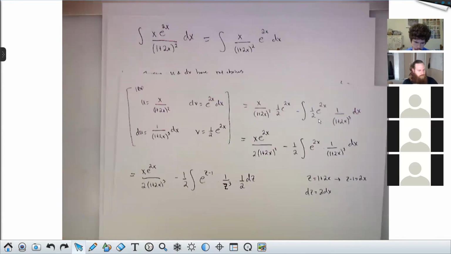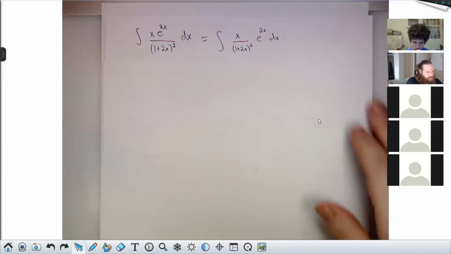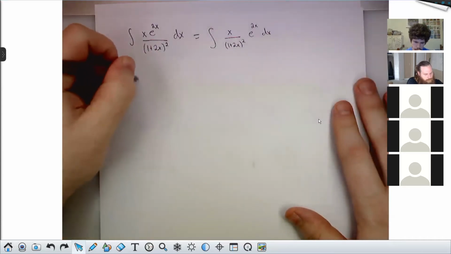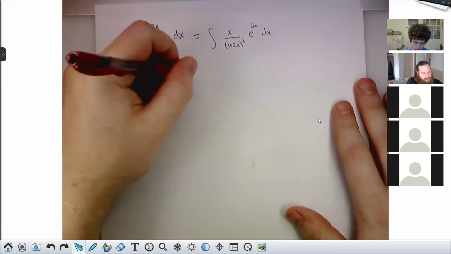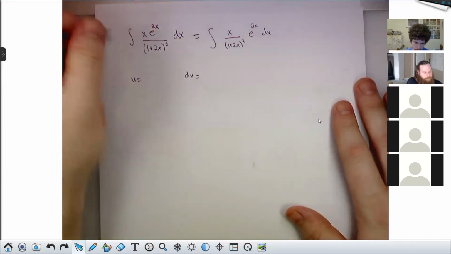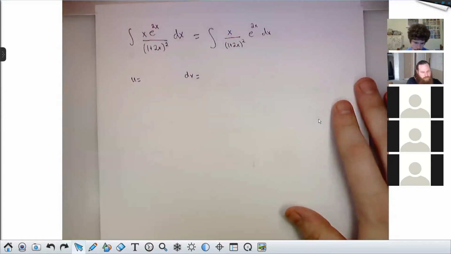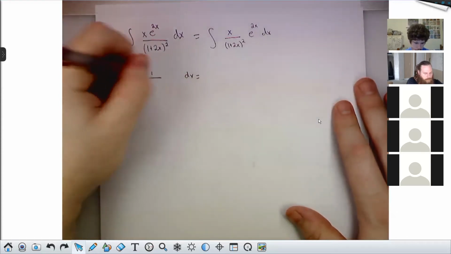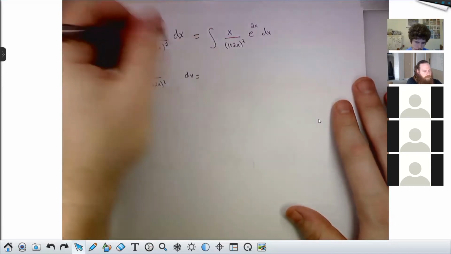You said WebAssign recommended splitting u equals the top and dv equals the bottom. The thing is, u times dv needs to be equal to the whole thing. So you mean like 1 over 1 plus 2x squared? Yeah, sorry. Okay, yeah, no, that'll work.